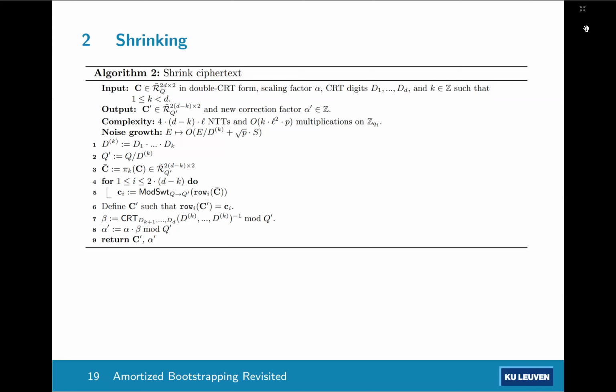Really, all it does to start with is it makes some preliminary computations similar to what we saw for the gadget matrix, and then rearranges the ciphertext in a specific way where it can remove k rows from both columns. After that, we obtain a matrix with a wrong scaling element.